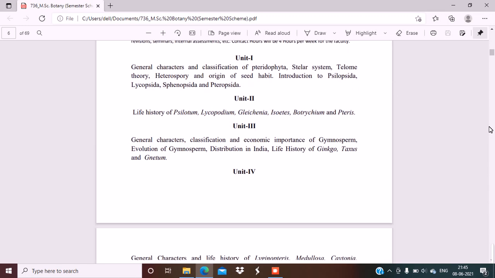Unit 1 is General Characters and Classification of Pteridophyta, Stellar System, Telome Theory, Heterospory and Origin of Seed Habit. Very important topics of this unit: Heterospory and Origin of Seed Habit. Introduction of Psilopsida, Lycopsida, Sphenopsida and Pteropsida.